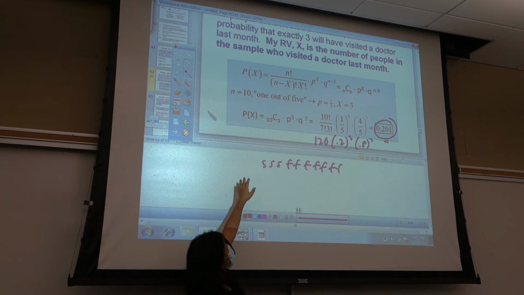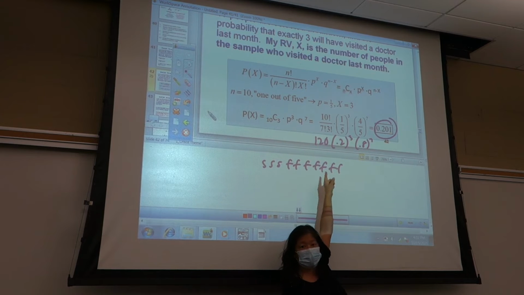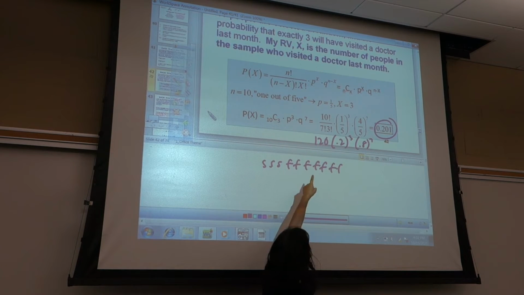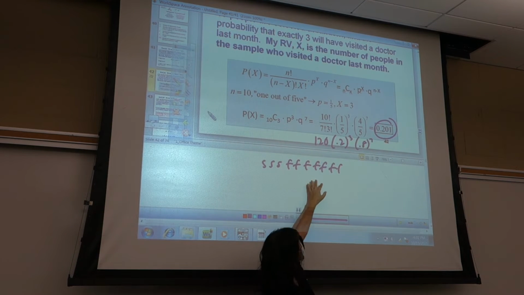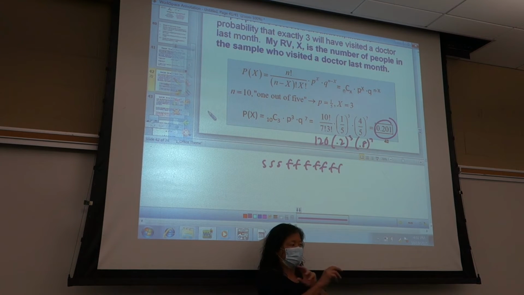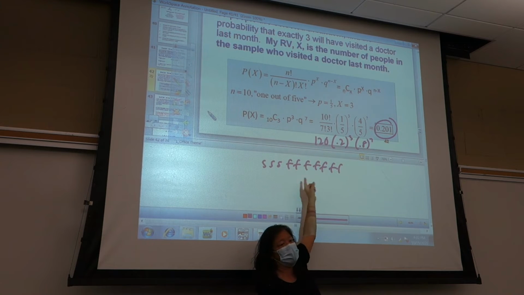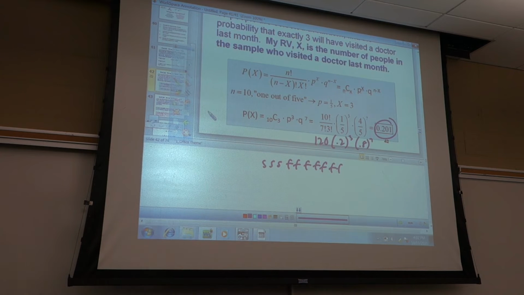And this is 0.2 to the 3rd power times 0.8 to the 7th power. Everybody with me on that part? And then the 120 tells me how many ways I can take 3 S's and 7 F's and rearrange them. So that's where that 120 comes from. There's 120 ways of arranging 3 S's throughout these 10 spots. Okay.